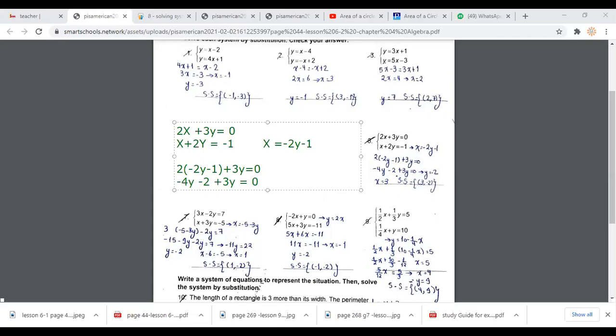So we took from the second equation the value of x, x equals negative 2y minus 1, then went back to the first equation and substituted it: 2 times negative 2y minus 1, plus 3y equals 0. Third step, we distribute: negative 4y, negative 2, plus 3y equals 0.